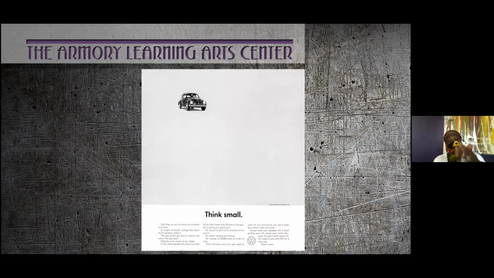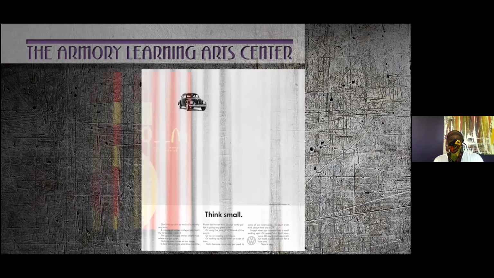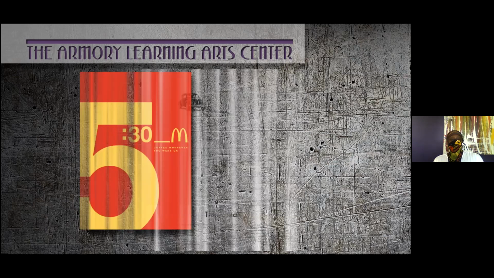If they had filled up the ad with a Beetle, then it would not have been able to convey to you visually that a Volkswagen is a small car, uses less gas, less compartment space, and it's an economical car. So this was a way to visually present this information in a way that your mind can readily accept and understand. Here's another example of using scale.